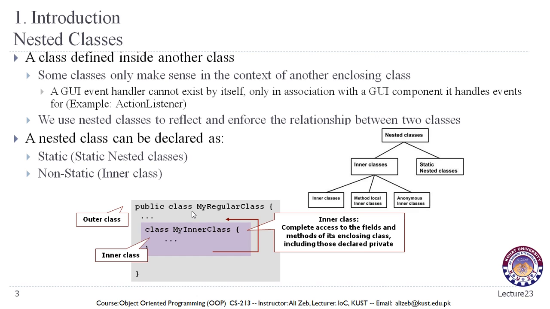And if you want to see how it is named, the class file is created as MyRegularClass, separated by a dollar symbol, MyInnerClass. This is how the class file for the inner class is created.